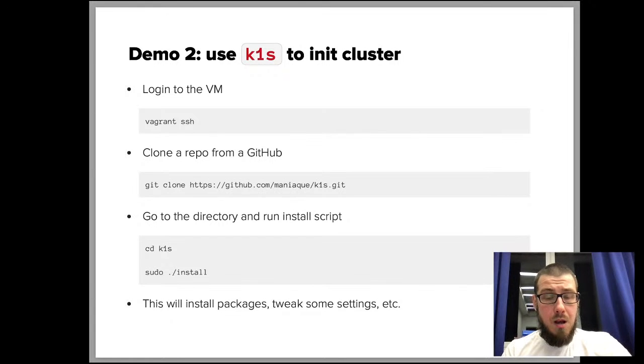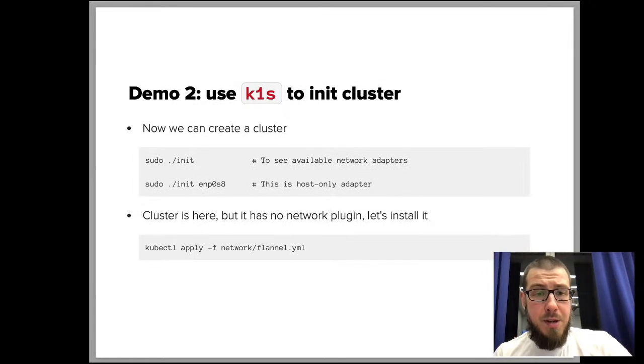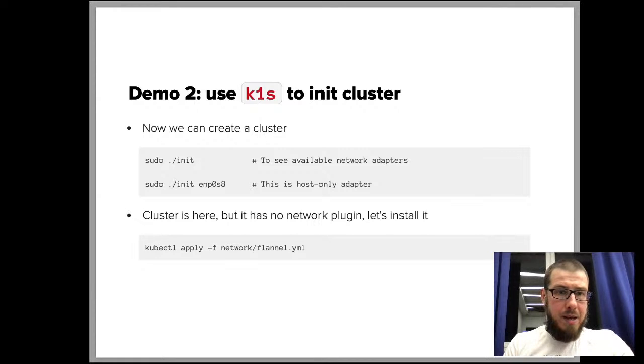Okay. And now the funniest part. We have to create a cluster, and there are simple commands, meaning you have to initialize it and you have to point to the network adapter, which will be the adapter where the API server will listen. So it's important, and we will have it like this.